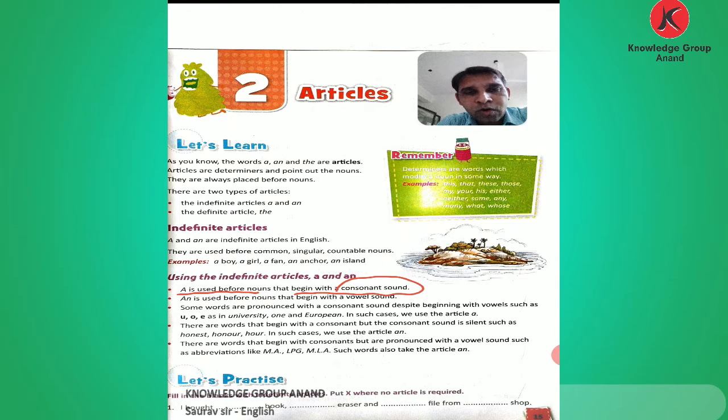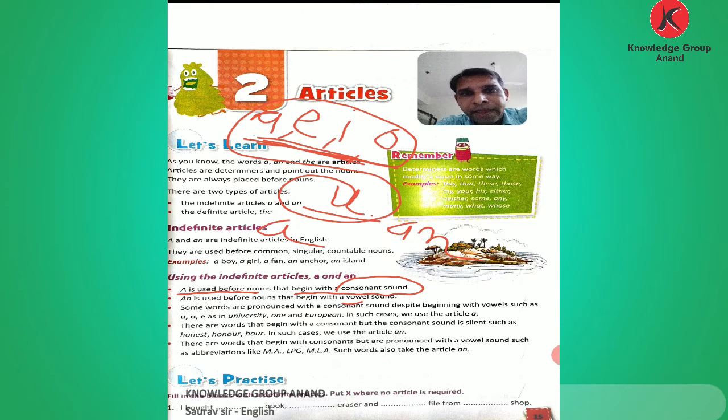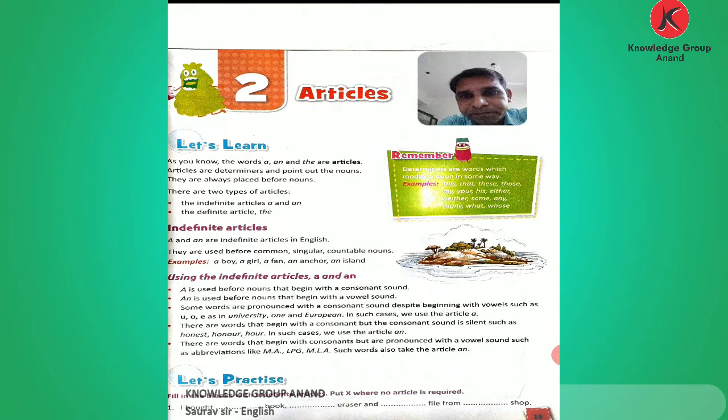First remember the vowels: A, E, I, O, U. These are the 5 vowels. If the sound starts with a vowel, we put an. But if the word starts with a vowel letter but the sound created is a consonant, what do we put? A.